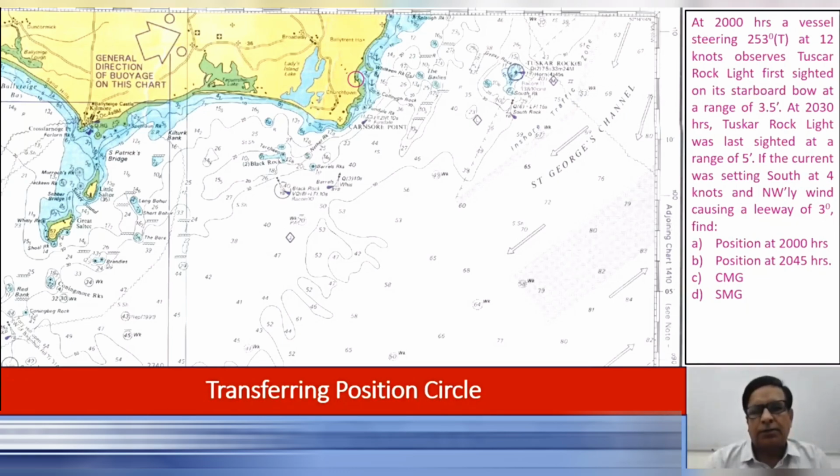At 2030 hours, Tusker Rock Light was last sighted at a range of 5 miles. If the current during this period was setting south at 4 knots and northwesterly wind caused a leeway of 3 degrees, we need to find position at 2000 hours, position at 2045, course made good, and the speed made good.